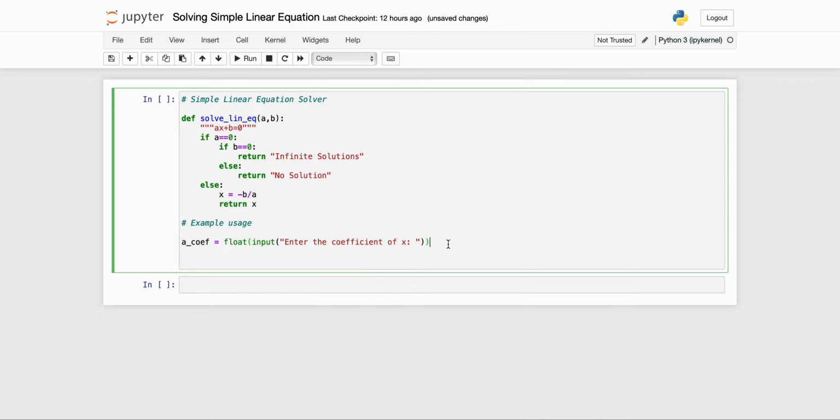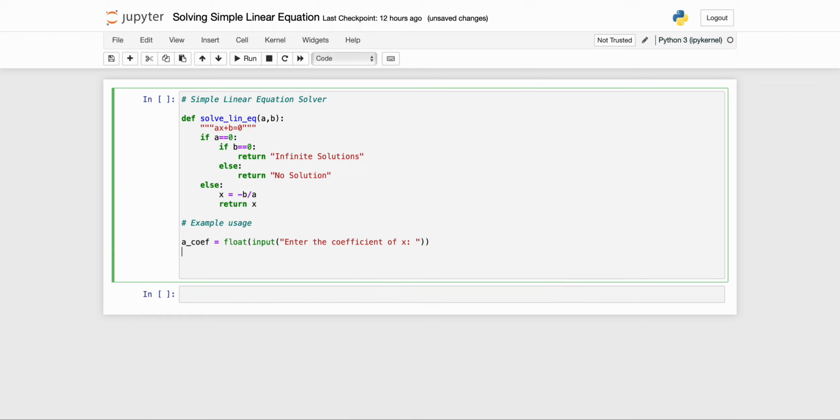Okay, and then we are going to put in for b. So b is going to be the constant term. So let's just write const is equal to float, and we're going to input, let's say, enter the constant term.